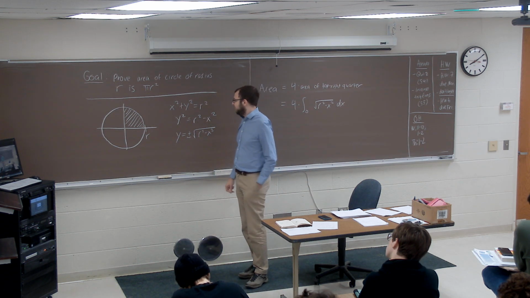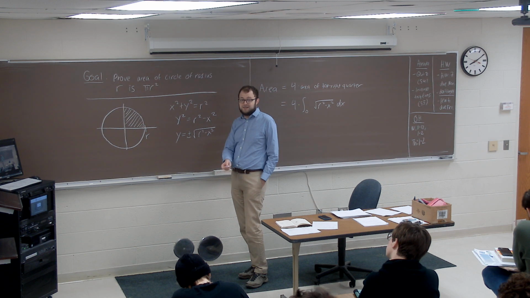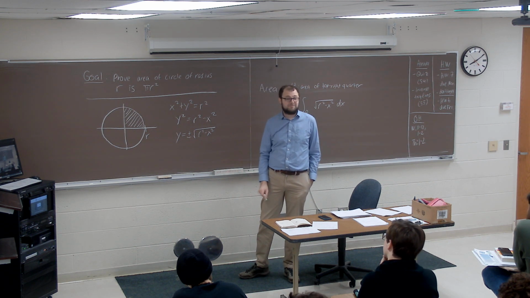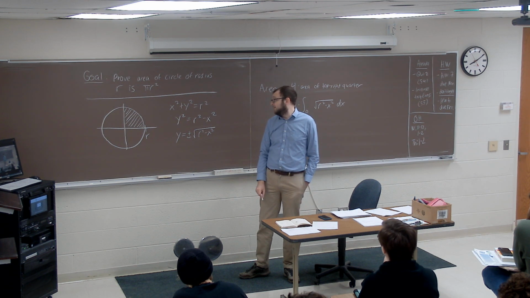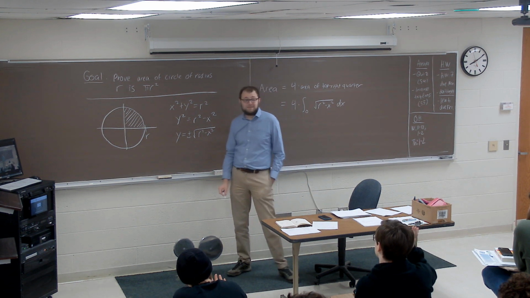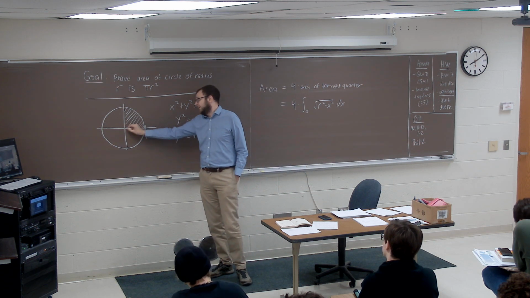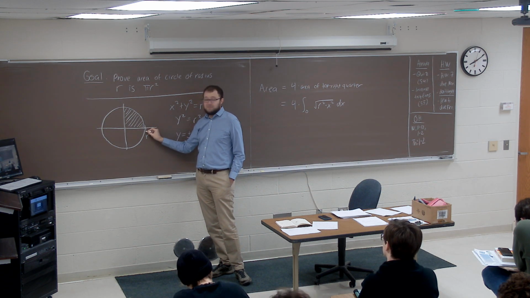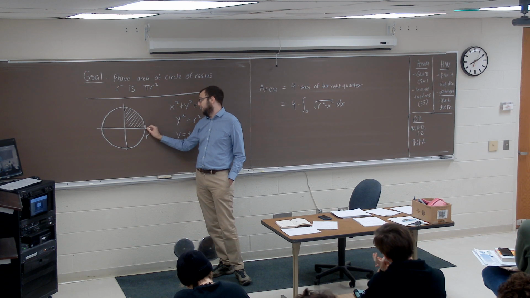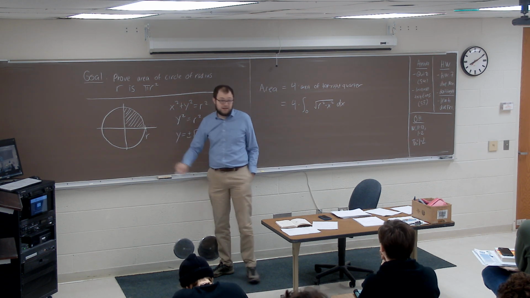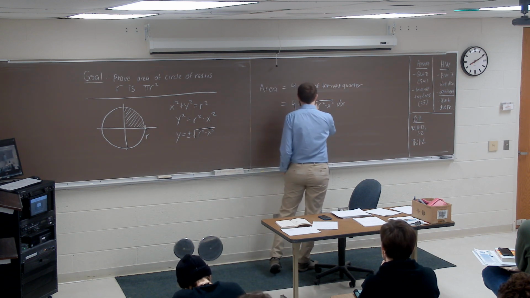No, I don't think it's necessarily from 0 to 1. Pi? I don't think it's from 0 to pi. Pi halves? Nora? Would it be to r? Yeah, it's going to be to r. Because if we have a circle, x squared plus y squared equals r squared, the far right point of the circle is at an x coordinate of x equals r.